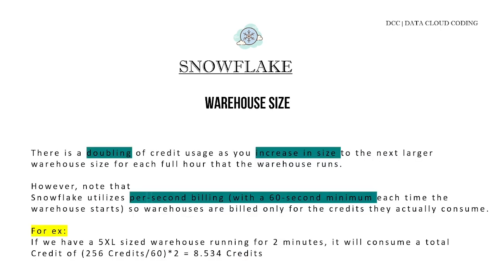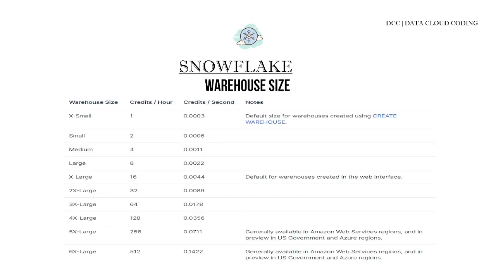In virtual warehouse sizes, there is a doubling of credit usage as we increase the size to the next larger warehouse size for each full hour that the warehouse runs. So if I go back, we can see that extra small consumes a total of 1 credit per hour. And if I move from extra small to small, the credits per hour consumption also doubles.